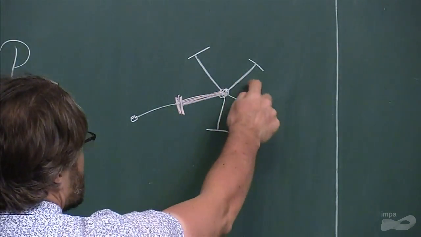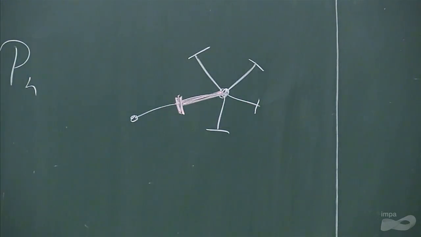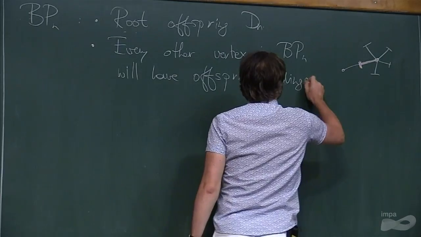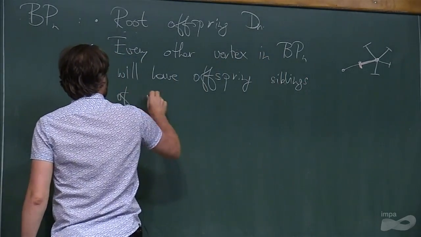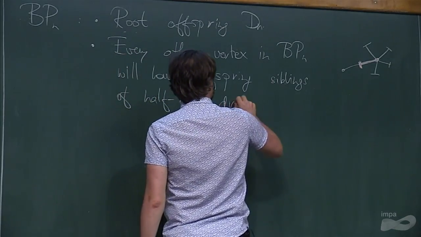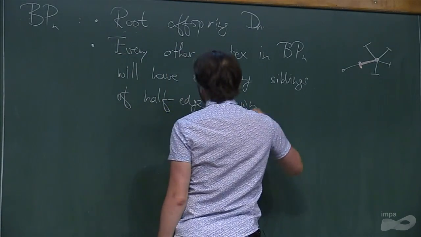So I'm only counting these. And these I sometimes call the siblings of a half edge drawn uniformly at random.